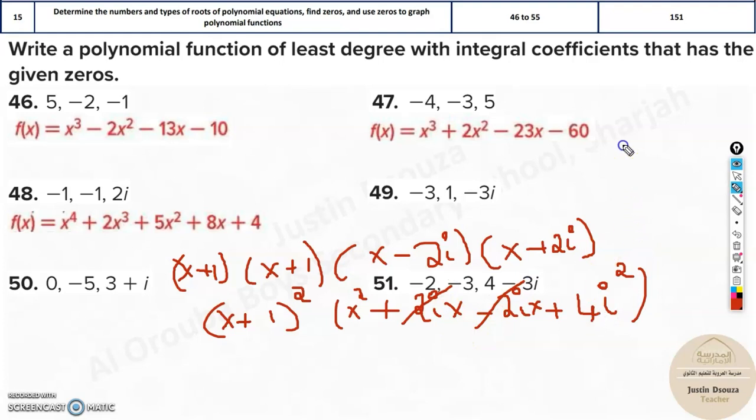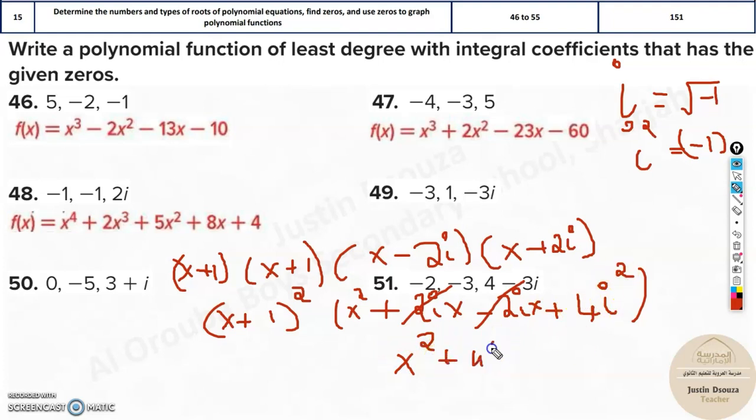Now if you recall, we had learned i is square root of -1 and i square is equal to -1. Okay, so now here it'll be x square, this i square is -1, so plus 4 into -1. Basically, we are getting x square minus 4. So this is how we get this.